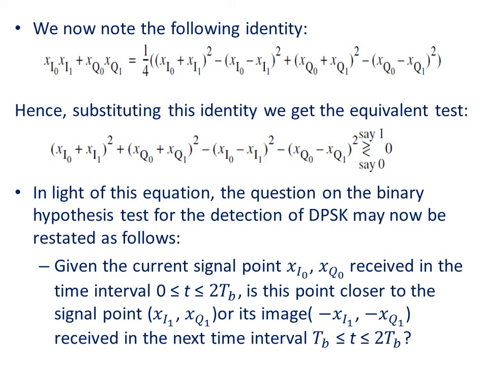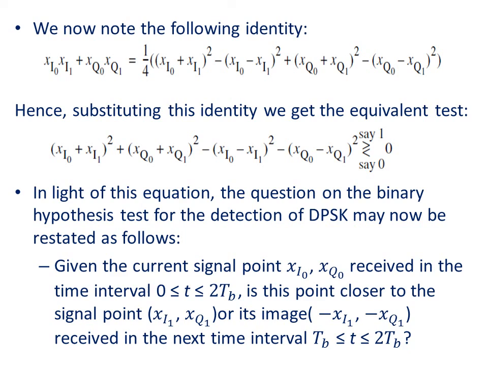Hence, substituting this identity, we get the equivalent test: (xi0 plus xi1) whole square plus (xq0 plus xq1) whole square minus (xi0 minus xi1) whole square minus (xq0 minus xq1) whole square. If this value is greater than 0, it is 1; if it is less than 0, consider it as 0. Here the scaling factor 1 by 4 is ignored, and this is a very important equation.